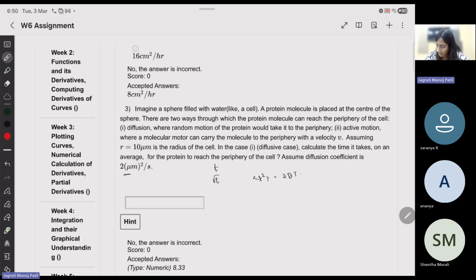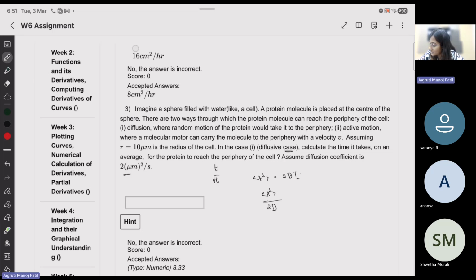And we just want to calculate the time in this case, for the periphery, in case 1. So for the diffusive case, t is x squared by 2D. 2 times 2 would be your 4. On top of it you have this 10 squared, so that's 100. 100 by 4 is 25.